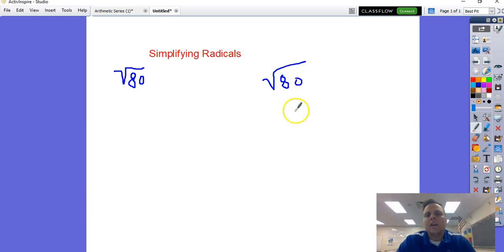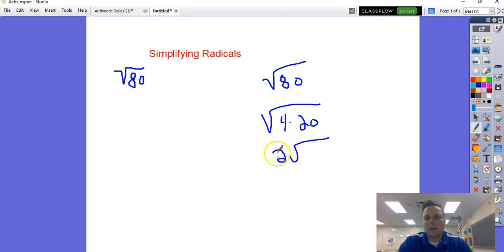Well, what you can do is think about numbers that multiply to be 80. Some of you are going to instantly say something like 4 times 20. Awesome, good answer. What is the square root of 4? 2. So I brought the 2 outside, and now I still have 20 underneath. But wait, I'm not done, because can I take the square root of 20 and get a whole number?